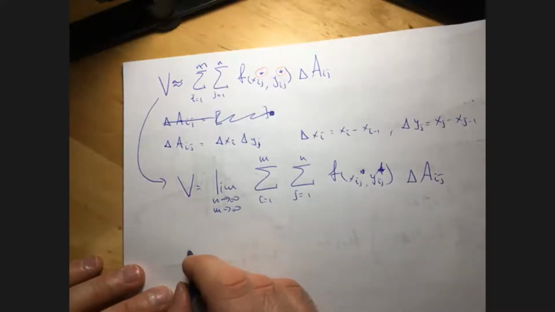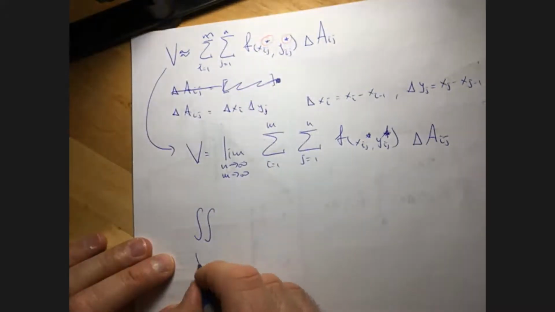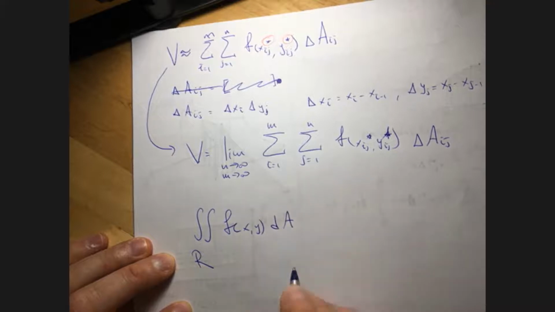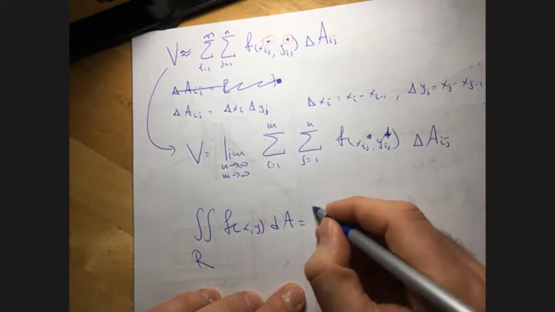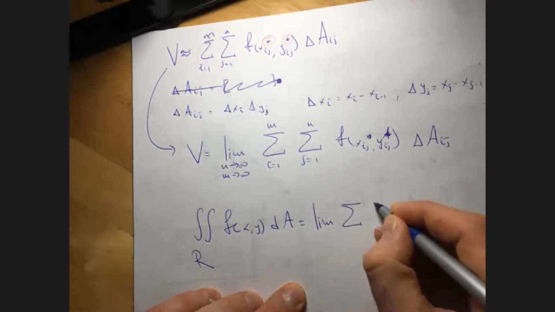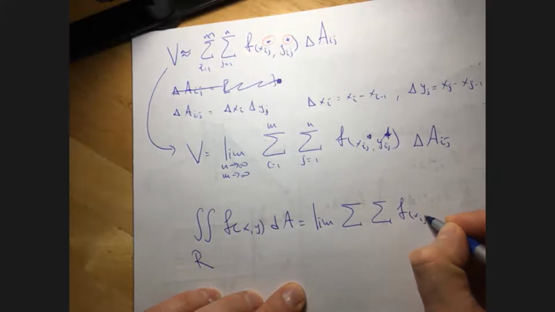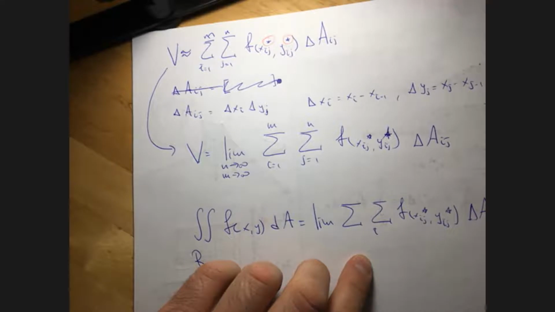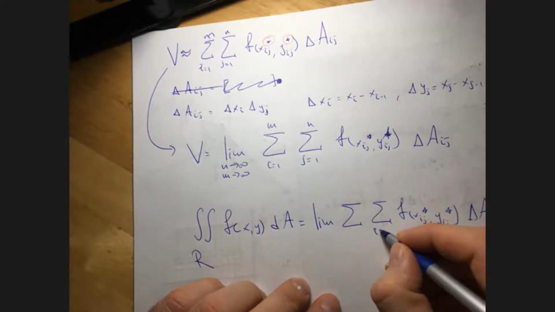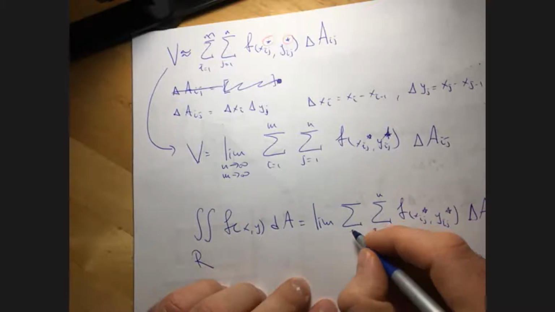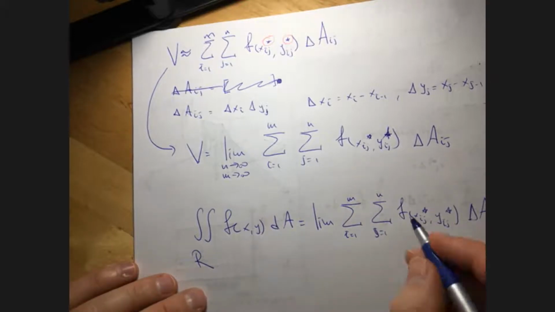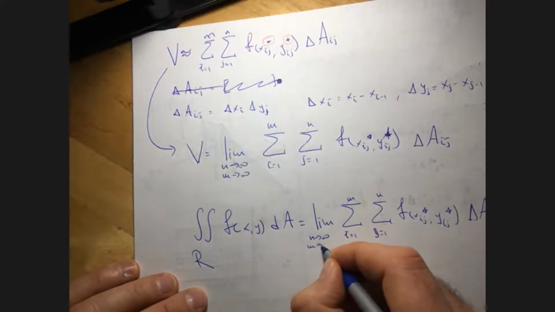The double integral over a rectangular region R of a function defined in two variables, dA, is equal to the limit of the double Riemann sum of f of xij star, yij star, delta Aij, when j goes from 1 to n and i goes from 1 to m, and when the length of the partition goes to 0, or simply when n and m go to infinity.